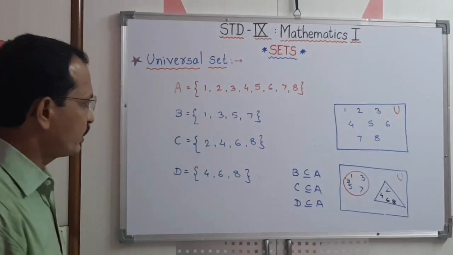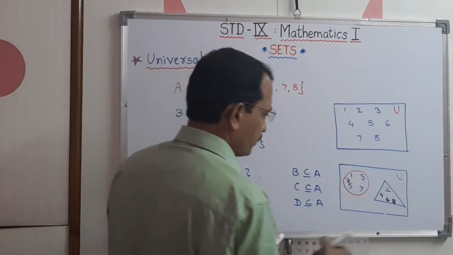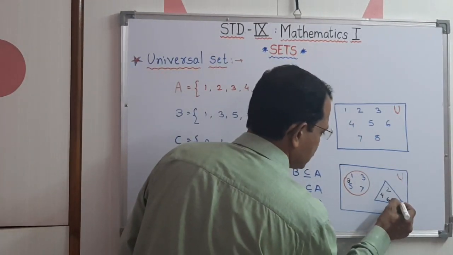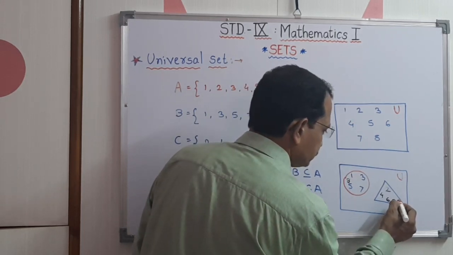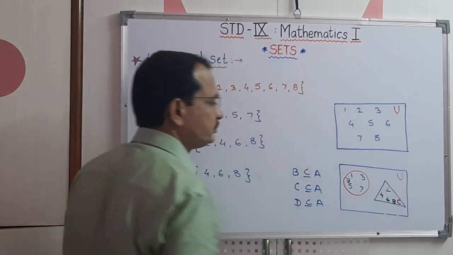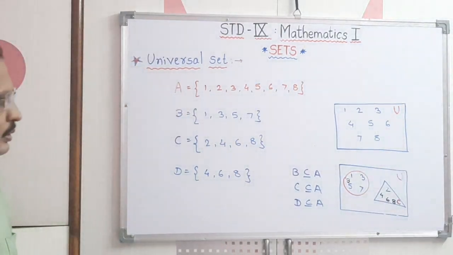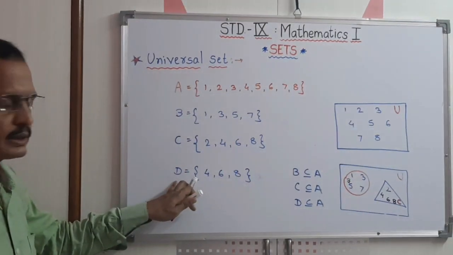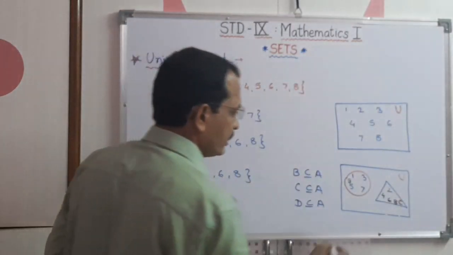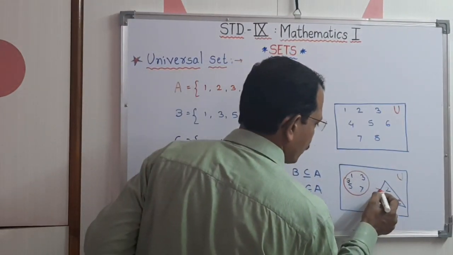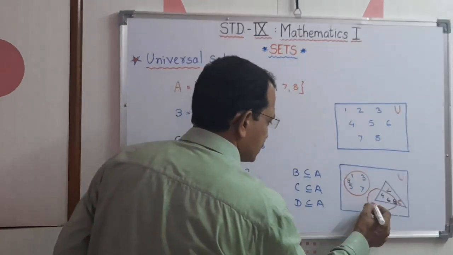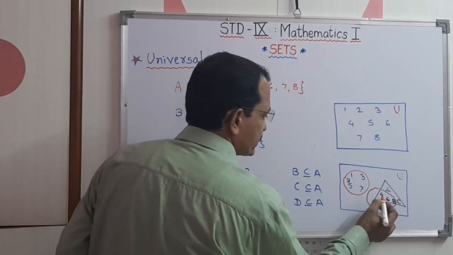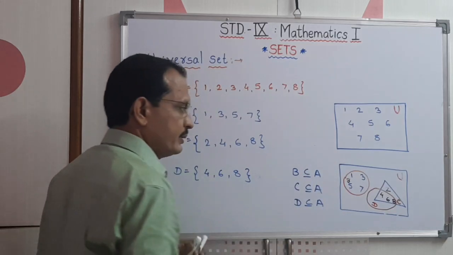These are the elements of set C. And suppose we have to show set D, then we draw the figure like this, and this is set D which contains 4, 6 and 8.